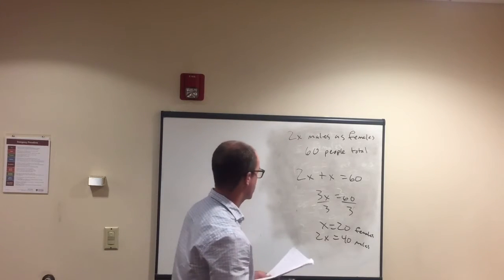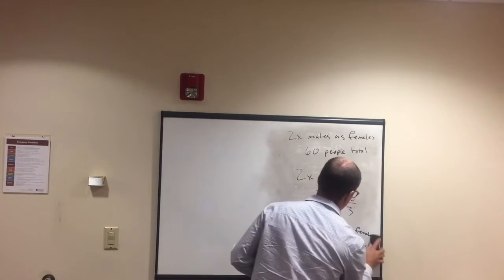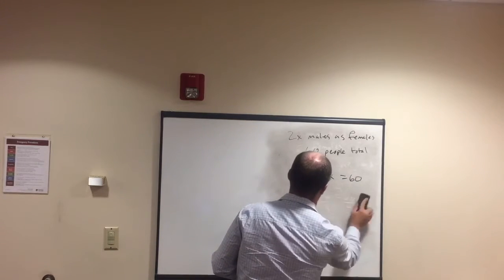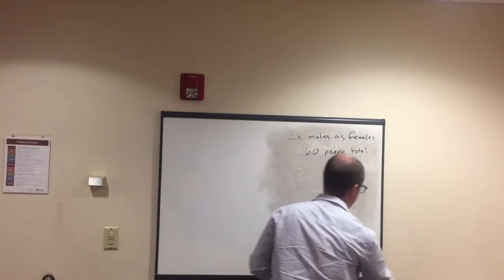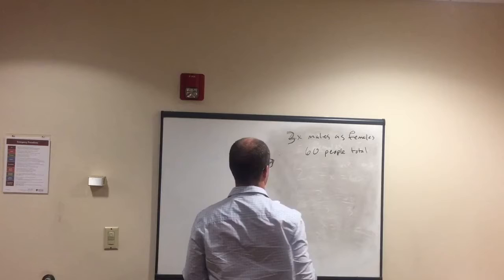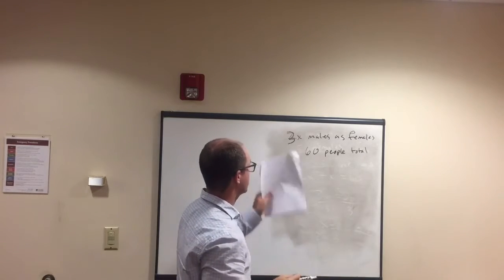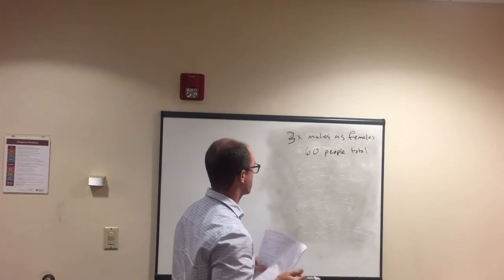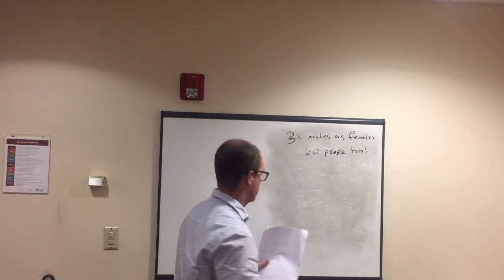Okay, so just to make sure we got this concept, this is important. These are fairly tough examples, right? But horribly drawn 3. So what if it was 3 times as many males as females? We'd know what to do then. Same thing.